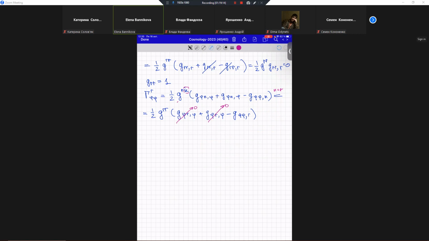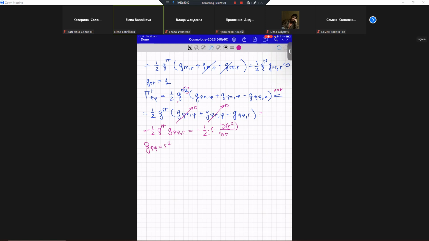And finally we will have 1.5 G_RR times minus G_phi-R. So G_RR is unity; it doesn't matter whether this is a covariant or contravariant component, so it's only one. And for G_phi-phi, it will be d by dr of r squared, because G_phi-phi equals r squared.